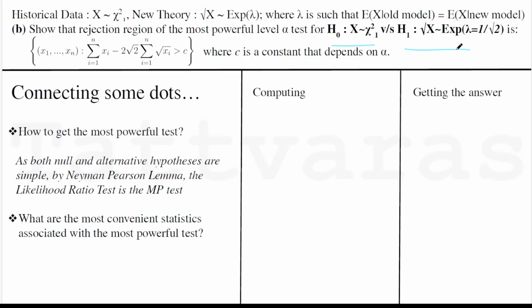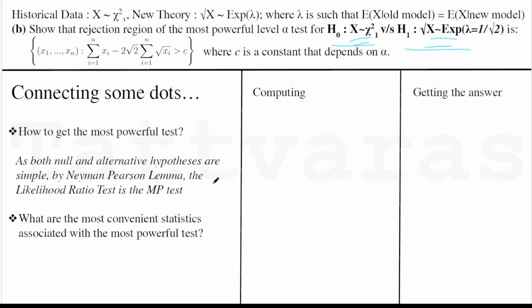By simple, we mean that the distribution is completely specified, which indeed it is. And because the hypotheses are simple, by the Neyman-Pearson lemma, the likelihood ratio test is going to be the most powerful test.